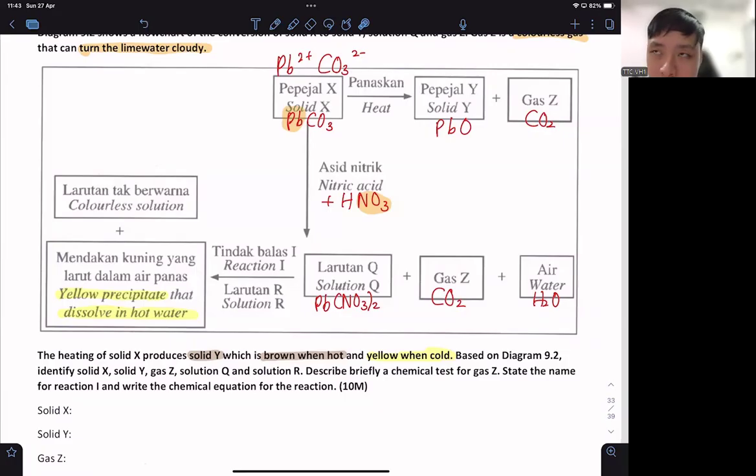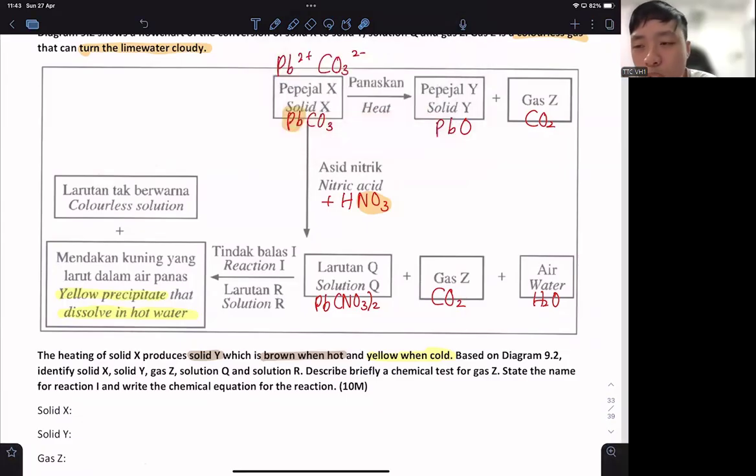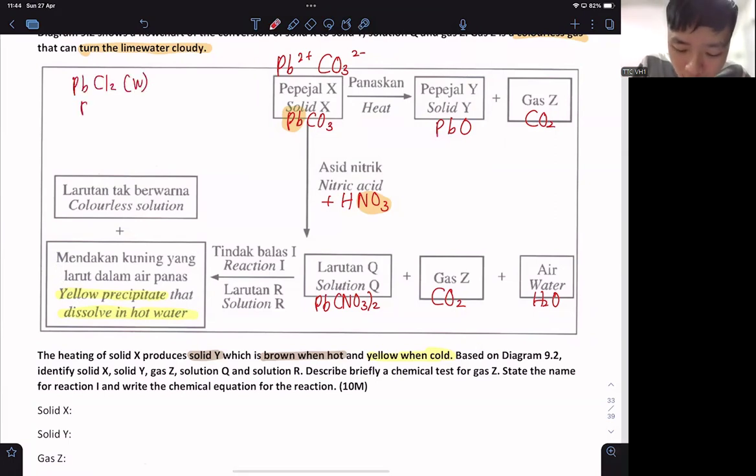Those are insoluble when cold, soluble when hot. Now, PbCl2 is what color? PbCl2 is white. So in this case it is PbI2, which is yellow. So this is PbI2.